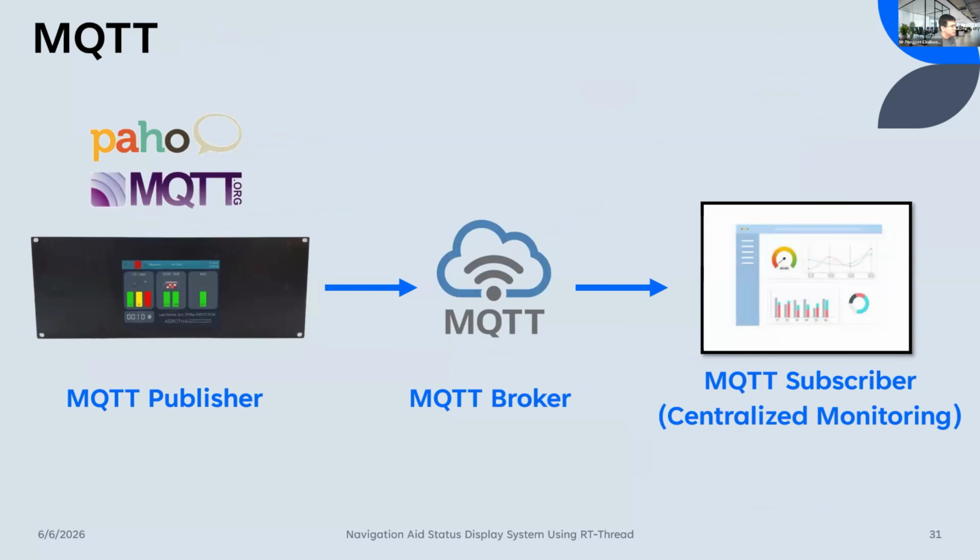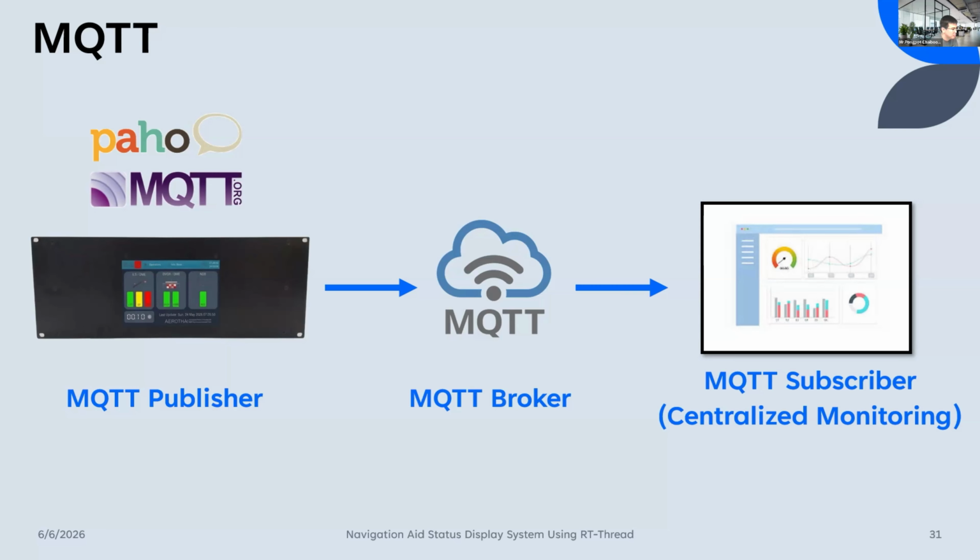For central monitoring, we use MQTT to send the data to a centralized system because we want to know whether all the navigation equipment in Thailand is working properly.